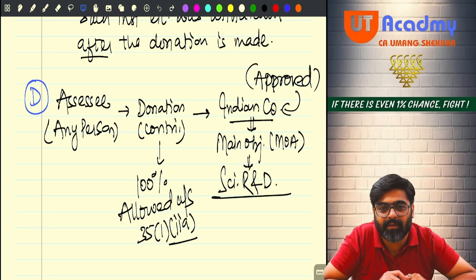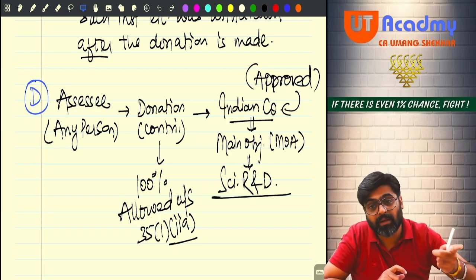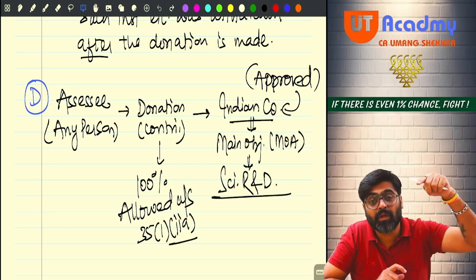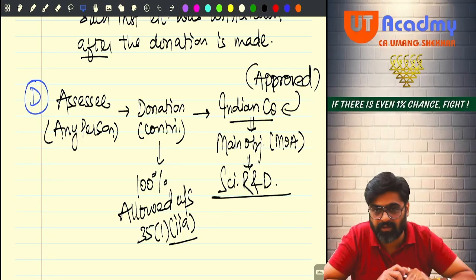Understanding? This company can do such type of research, but the government should give the company approval to do such scientific research.